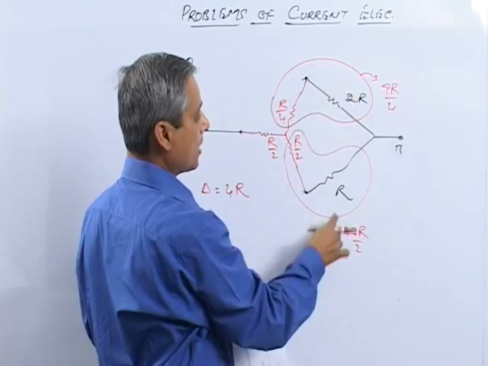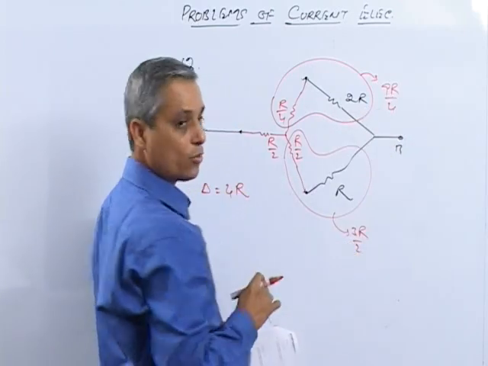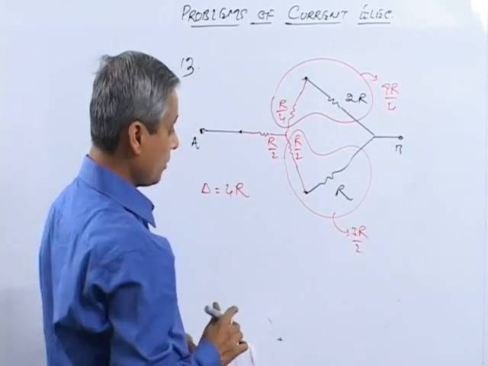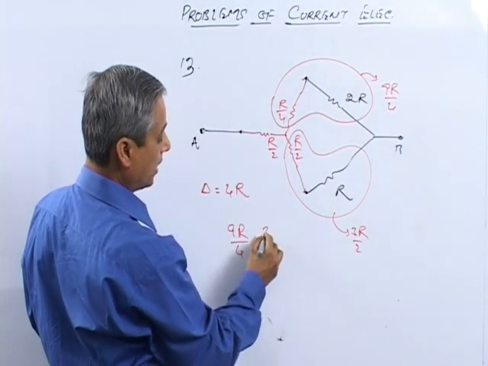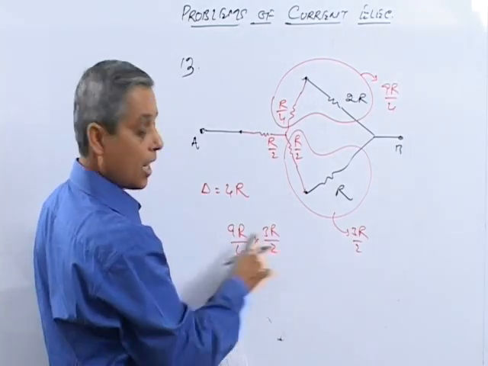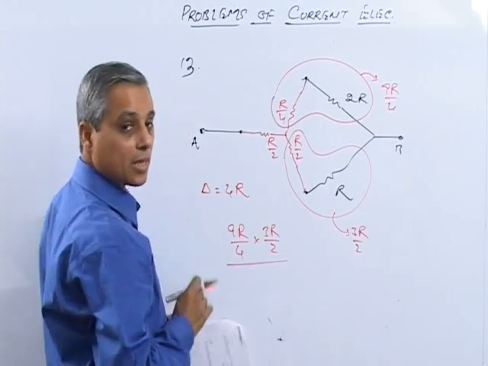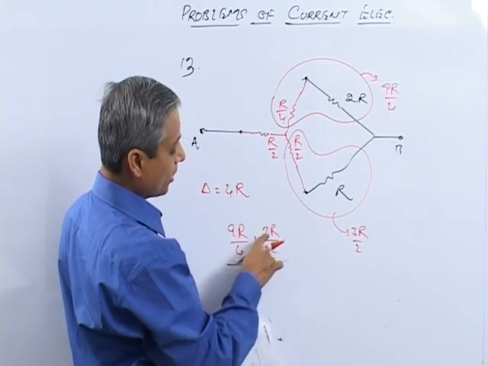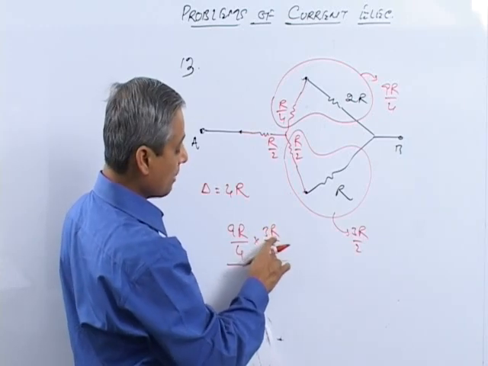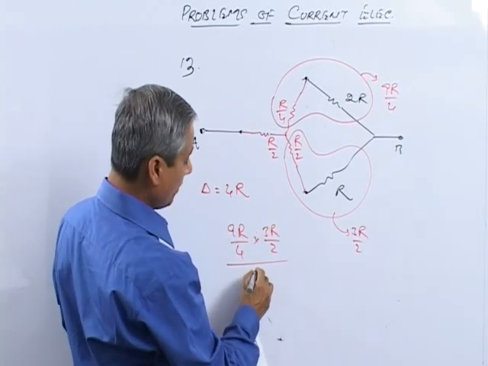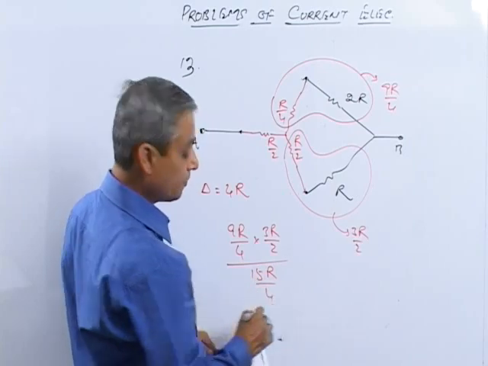And then these two resistances, 9R by 4 and 3R by 2, are in parallel, so R1 R2 divided by R1 plus R2. 3R by 2 means 6R by 4, and 6R by 4 plus 9R by 4 makes 15R by 4.